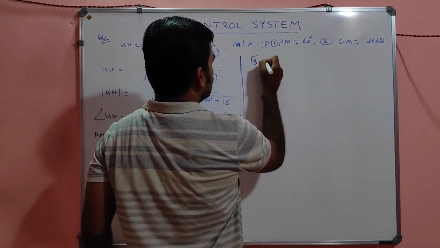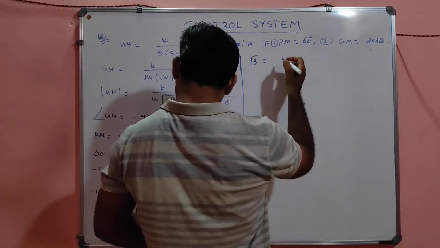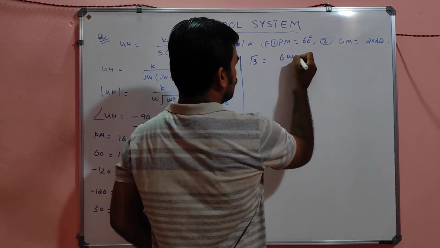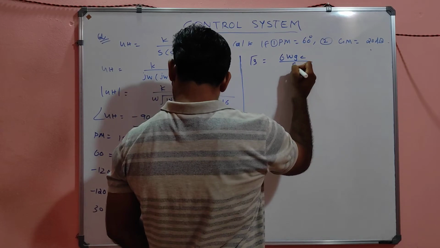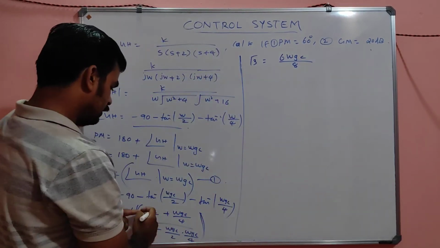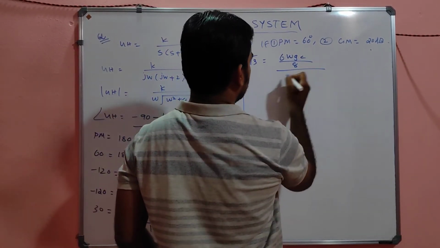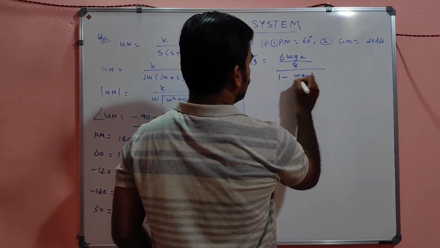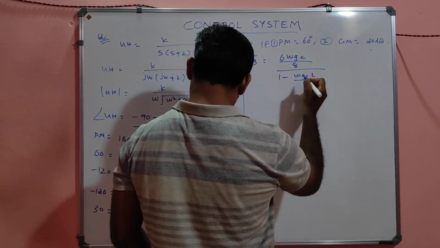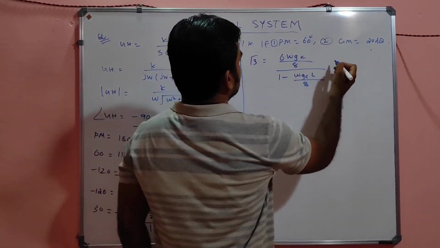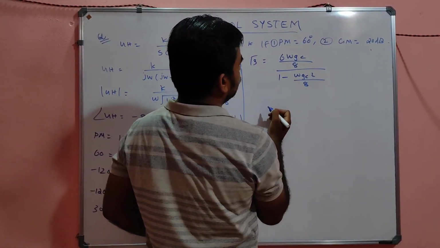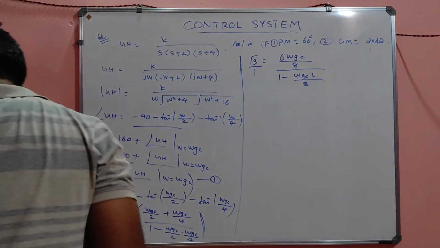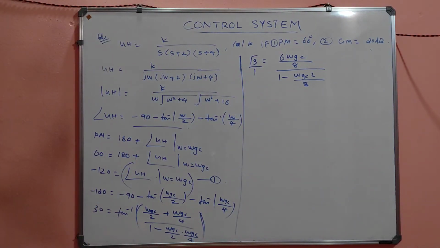So root 3 will be equal to 6 omega GC divided by 8, all divided by 1 minus omega GC square divided by 8. So I can substitute like root 3 by 1 now.